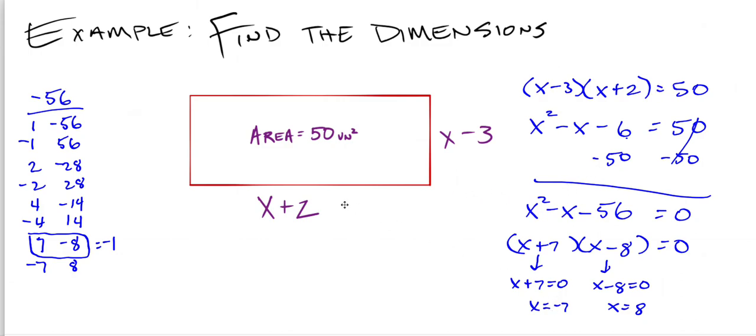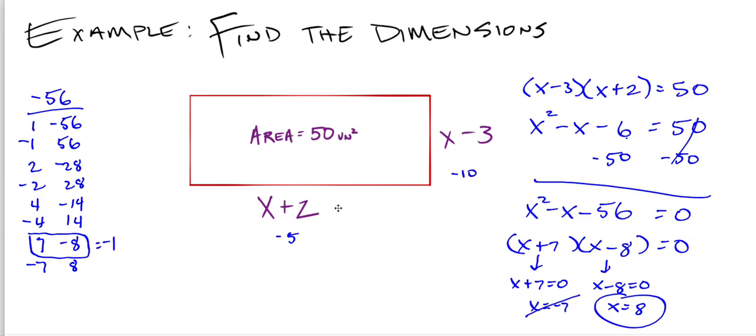So if I plug in negative 7, I would get negative 5 and negative 10. You can't have a negative dimension. There we go. A negative number doesn't make sense in this situation because it stands for length. So there are two solutions, but one of them doesn't make sense for this situation. So we cross it off, and 8 is our only solution.